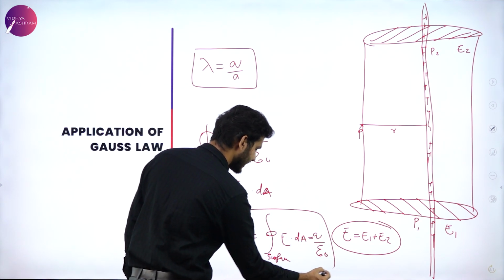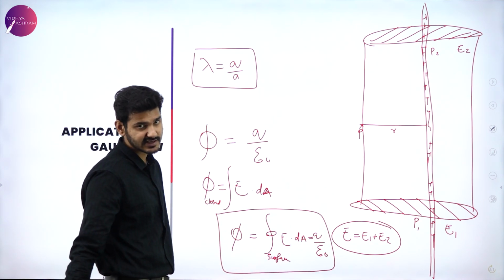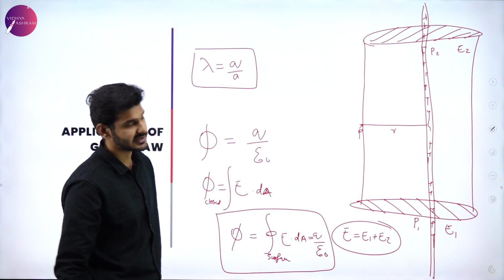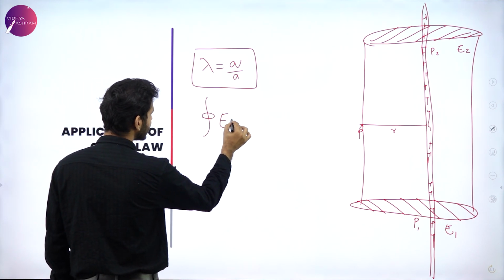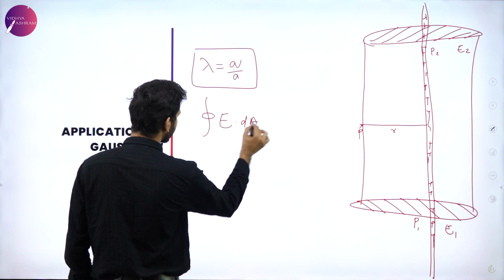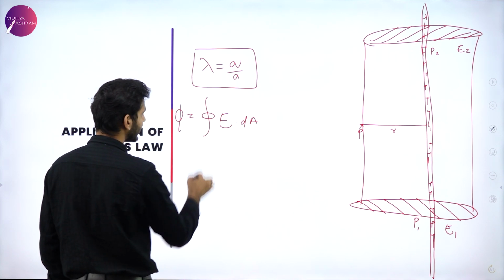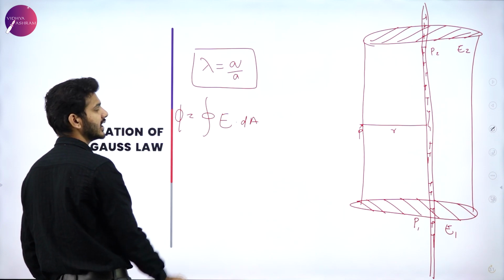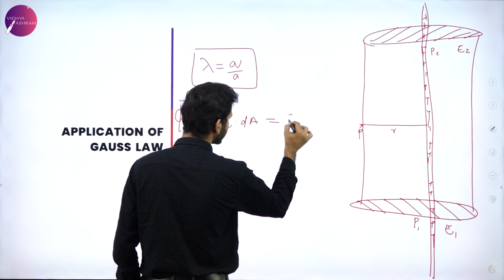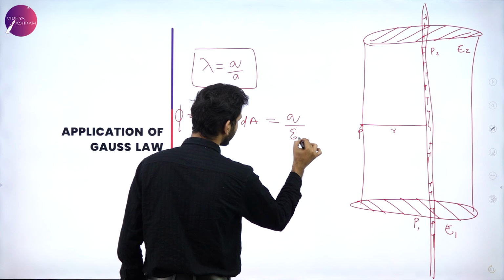This is Gauss's law in this case, and we are going to apply it here. We are going to find the flux coming out of that area, so phi is equal to the closed integral of E dot dA, which is nothing but Q by epsilon naught.